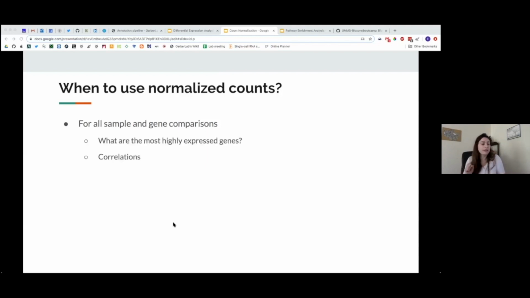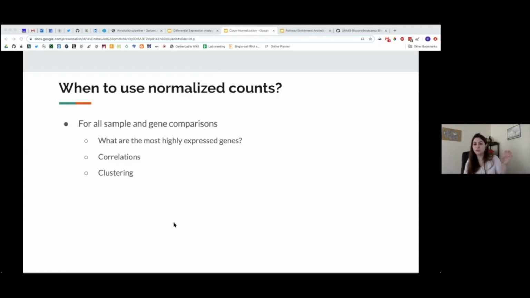So yeah, defining what are the most highly expressed genes, performing correlation analysis between samples. Ideally, that also has to be normalized because you need to account for the fact that you didn't actually sequence them at the same depth. And for doing clustering analysis, so I want to identify what are the most variable genes and then take those genes and actually perform correlation, clustering of my samples or clustering of these genes.